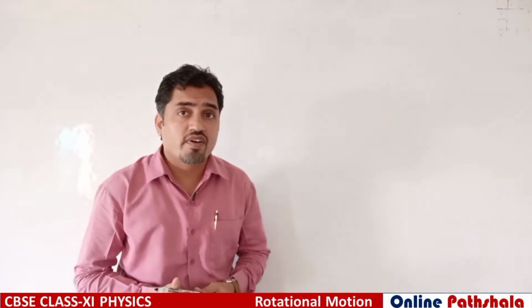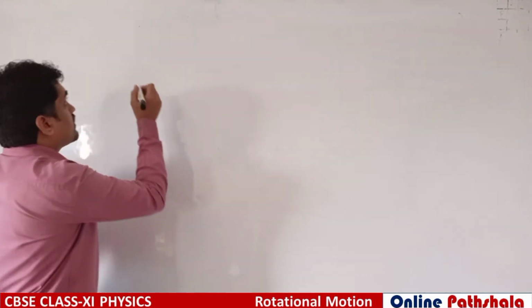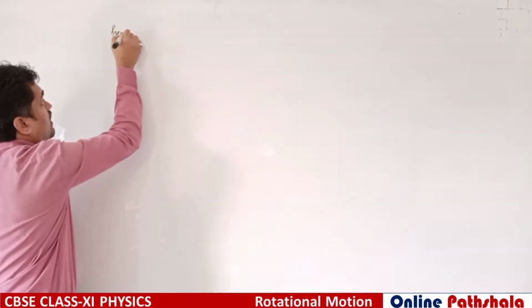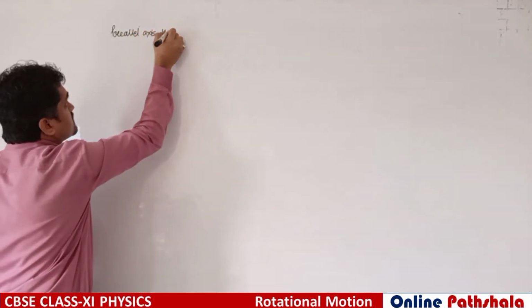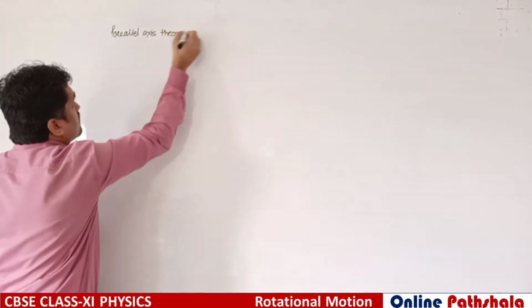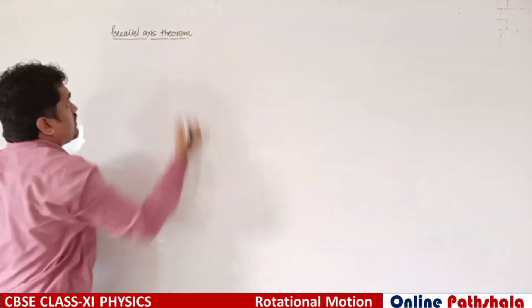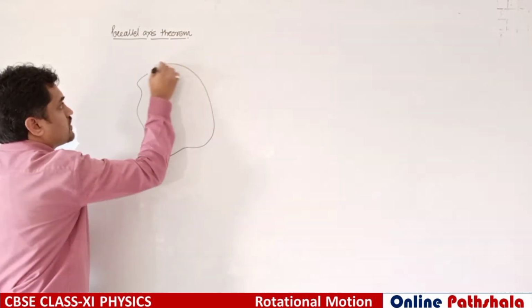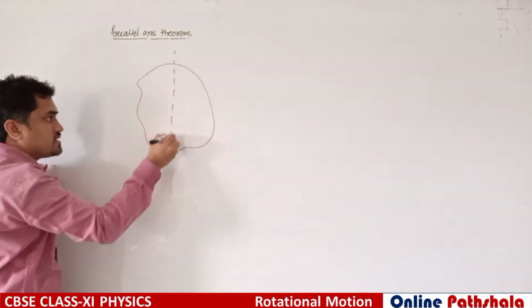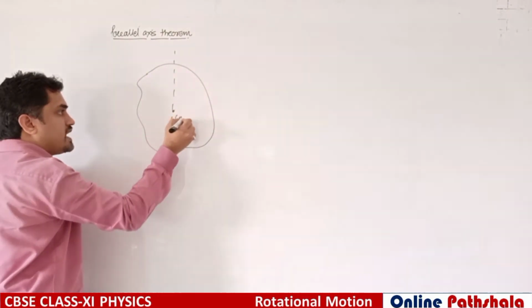So how can we verify this parallel axis theorem? Verification of the parallel axis theorem. Let us consider a rigid body, and this is the centroidal axis. It is the center of mass.